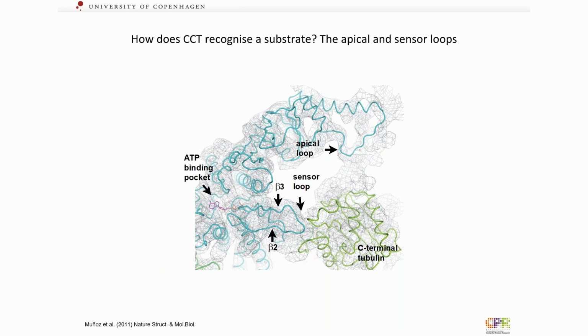And how does CCT recognize a substrate? The previous work showed that the apical and the sensor loops are involved in the binding of tubulin. It's a famous substrate.